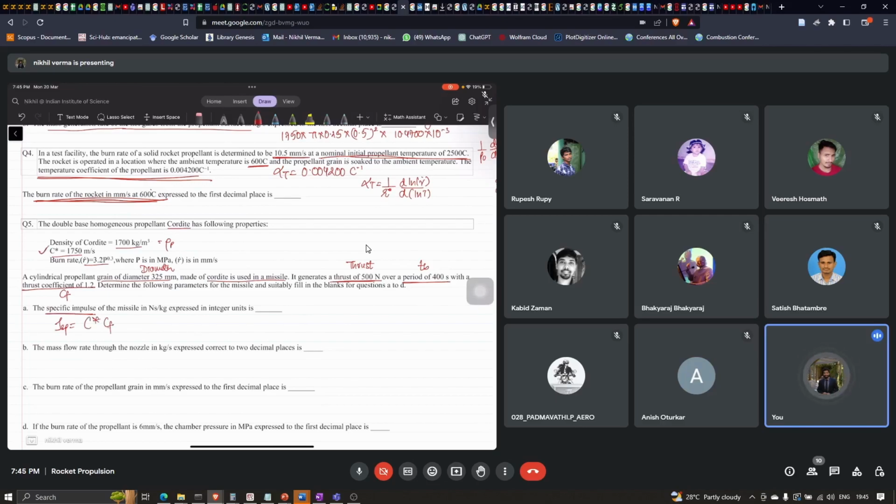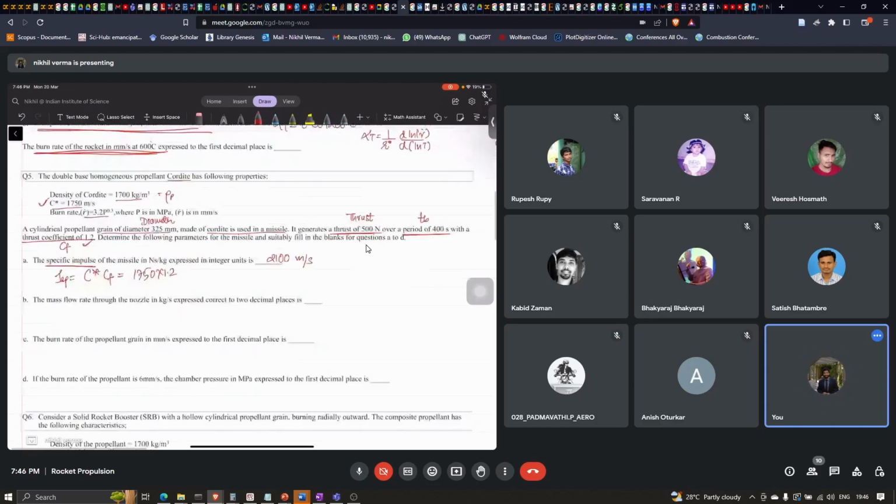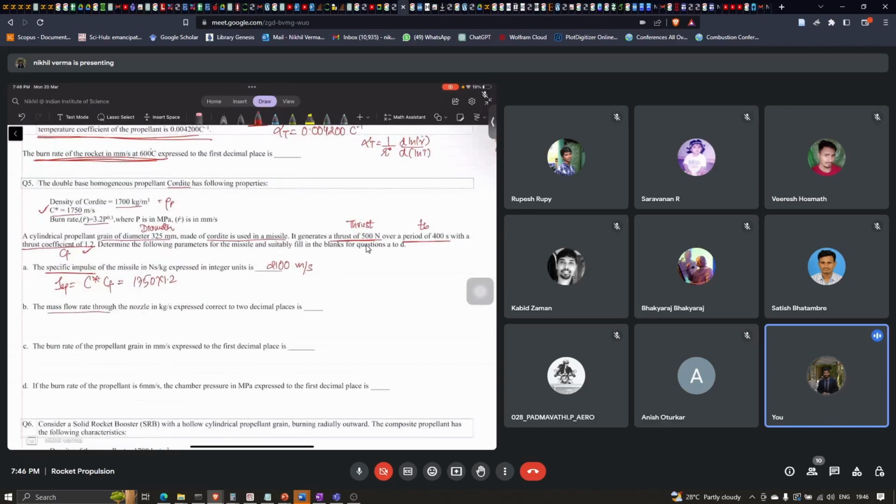C star is given and CF is given, right? We have learned this during the initial classes. Yes, sir. Okay, so if you multiply this, you will get 1750 into 1.2, that is 2100 meters per second.